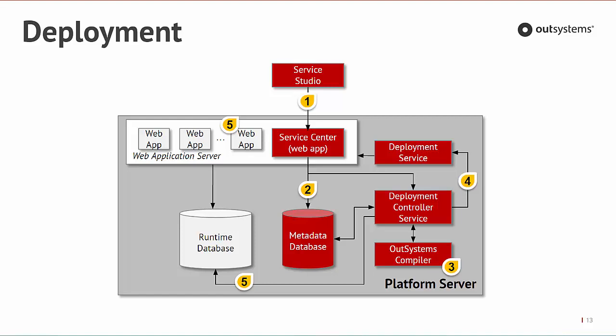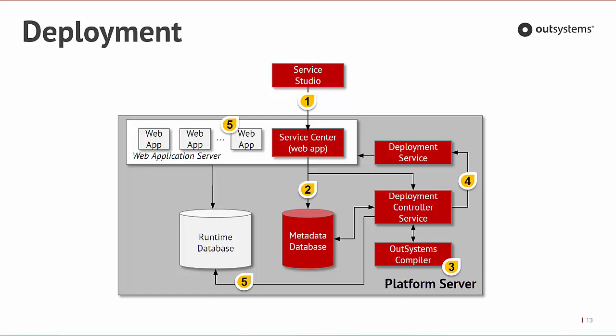Then we have the logs, which is actually not shown on this diagram, but the deployment process generates logging information. In the same way as applications generate that in runtime, the log service is also used here to make sure that the logs regarding the deployment itself are written to the database.